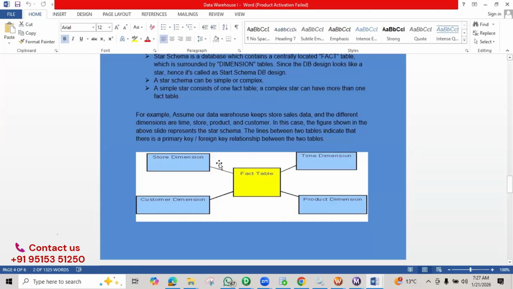So if we join the tables, imagine store dimension, customer dimension, time dimension, product dimension, fact table, and if all the tables or minimum two or three tables are joined, then what will happen? Our table size will increase and it will take a longer time to respond. Imagine that Harshita is working only on the store dimension table, and if she has data related to the store dimension only, then she will get the data very fast.